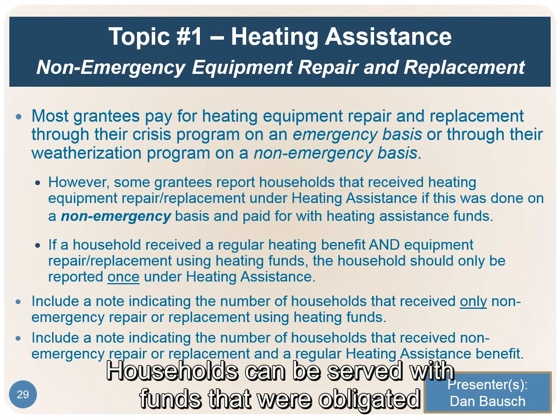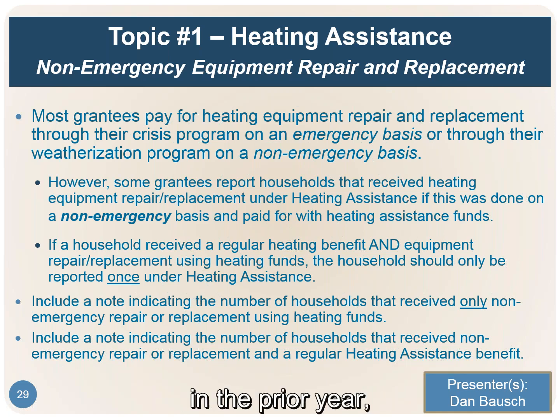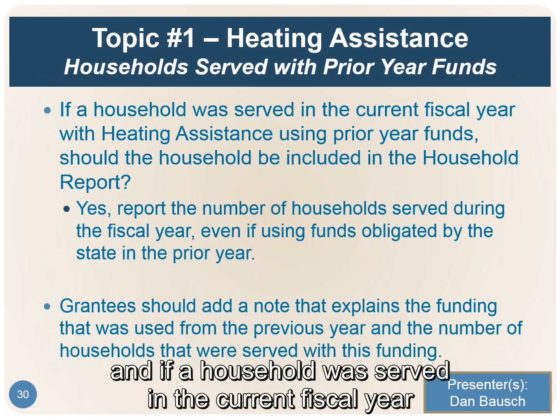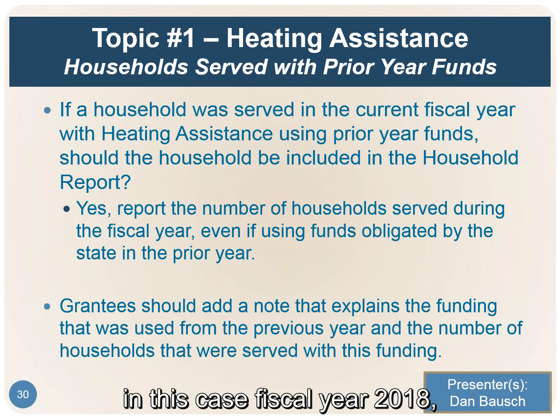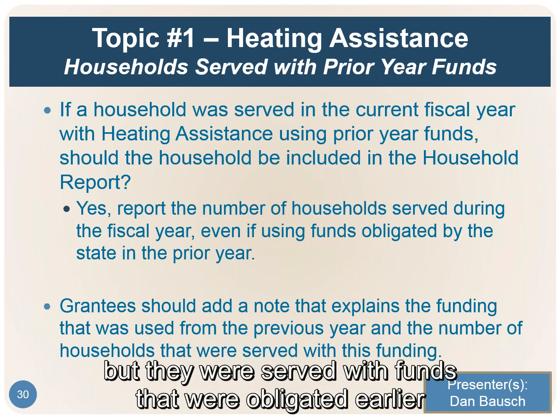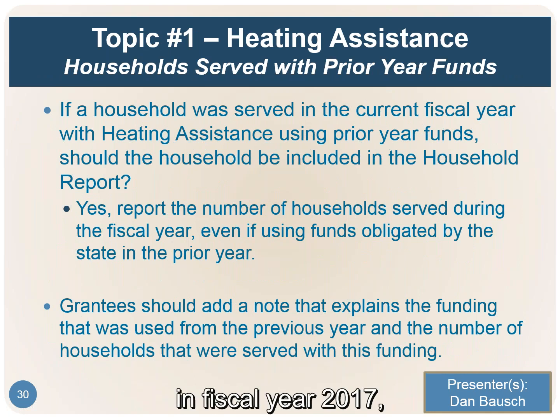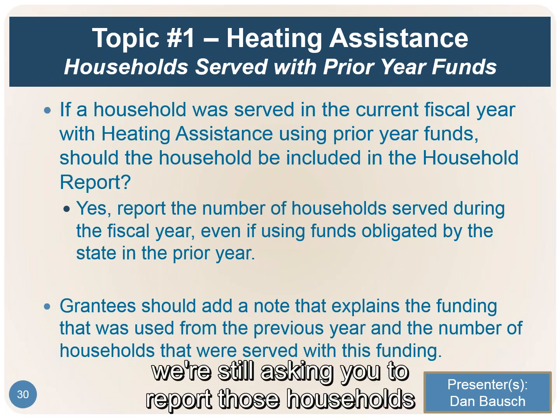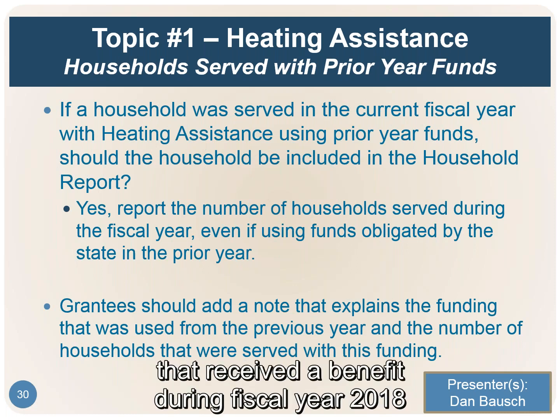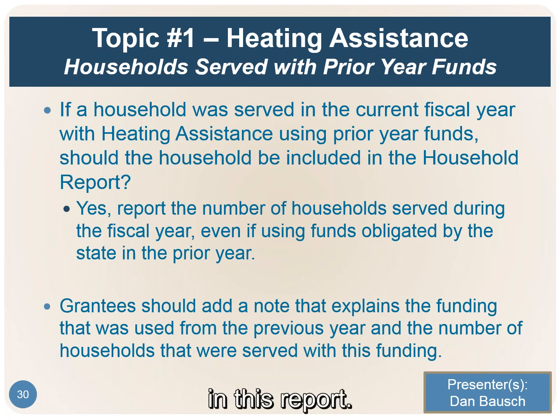So households can be served with funds that were obligated in the prior year. And if a household was served in the current fiscal year that the report is asking about, in this case, fiscal year 2018, but they were served with funds that were obligated earlier in fiscal year 2017, we're still asking you to report those households that received a benefit during fiscal year 2018 in this report.